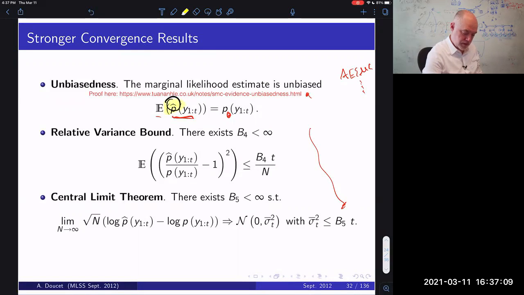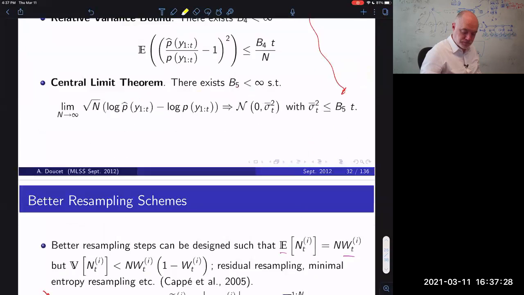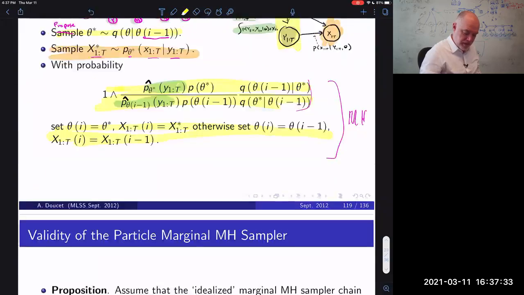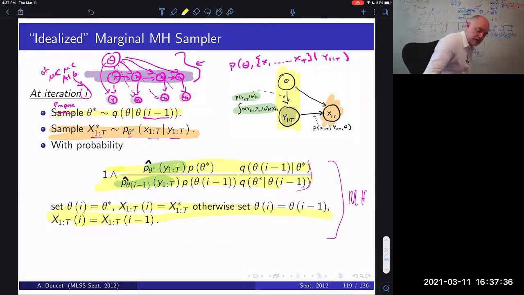Okay. There's the p hat again, right? And it says that unbiased means that when we use SMC, in expectation over many SMC runs, the average over those will be the true evidence. Okay. So it stands to reason that if you were to do something kind of seemingly insane, where you want to do parameter estimation in some state space model, right?